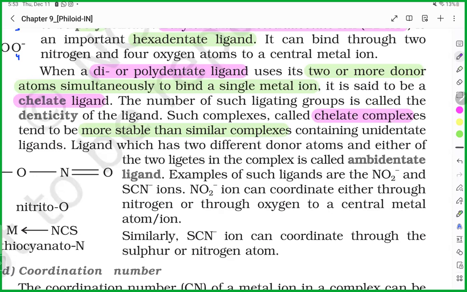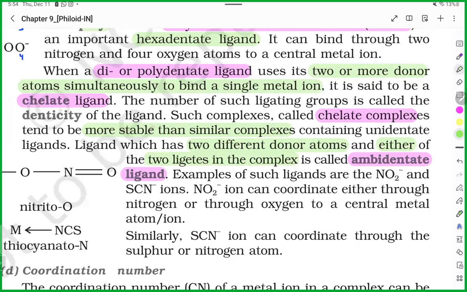Exactly the same thing happens in the case of an ambidentate ligand. A ligand in which there are two different donor atoms, but only one will donate. Either of the two in the complex is ambidentate.